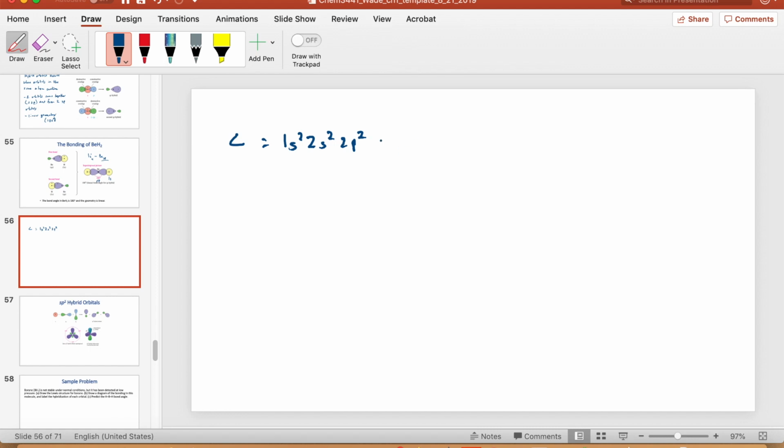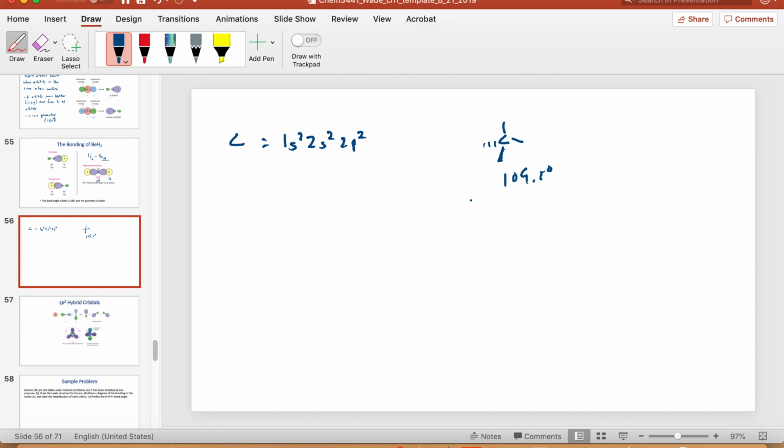Okay, so if I'm looking at where I'm going to form bonds, let's just take a look back. We know that carbon forms tetrahedral, 4 bonds with 109.5 degrees here.